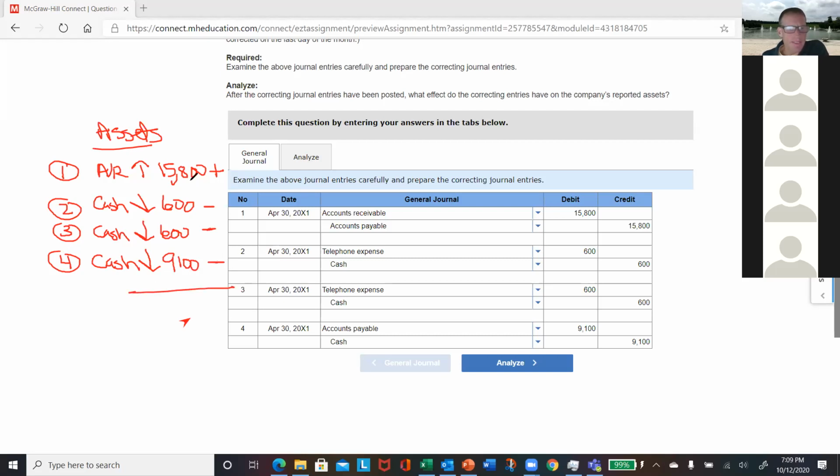So I would take $15,800, which is an increase, and then subtract these 3 to get the net effect. And I believe that's what they were asking. And now if I go back and look at it, let me change my style.